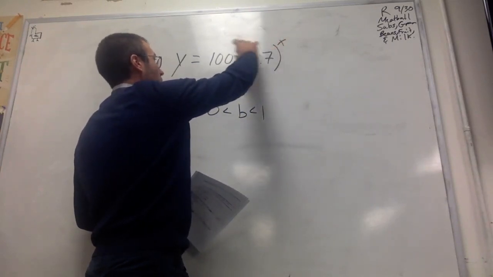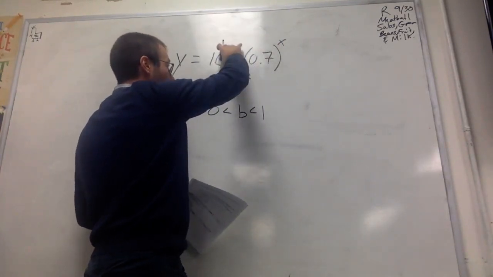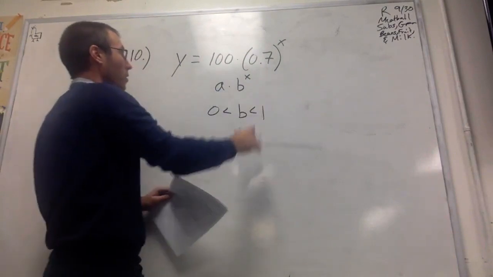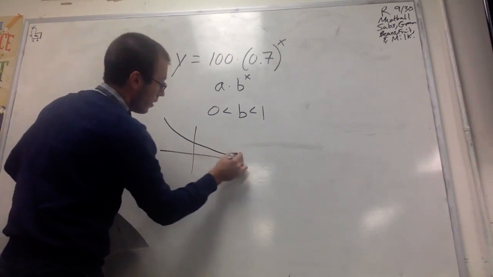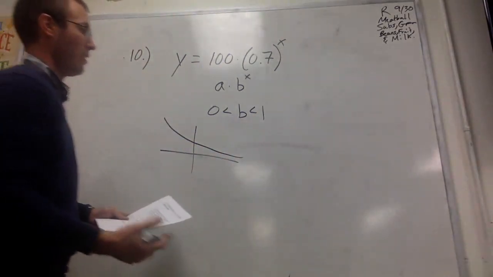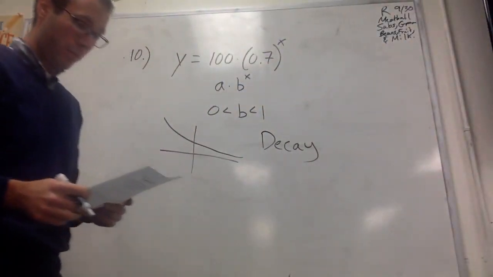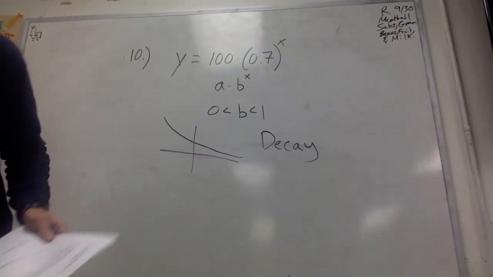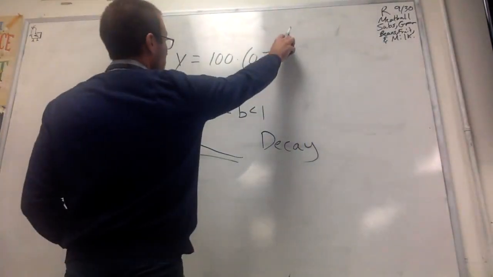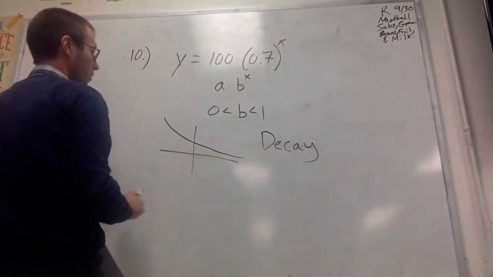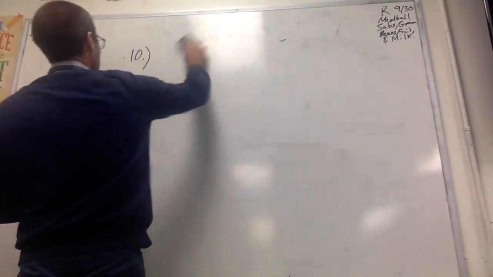You keep taking 70%, 70%, 70% of 100, and it goes to 0. So this function starts out and gets closer and closer to 0, so it's decaying. When we plug in 0, it should spit out 100, but that's not the point for that one. So that one's decaying. So that's 10.